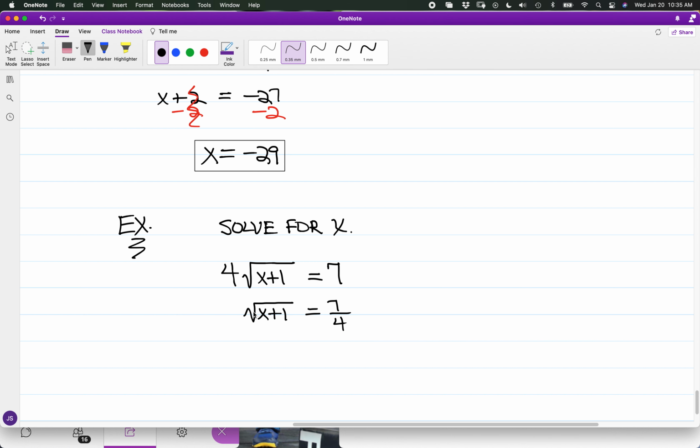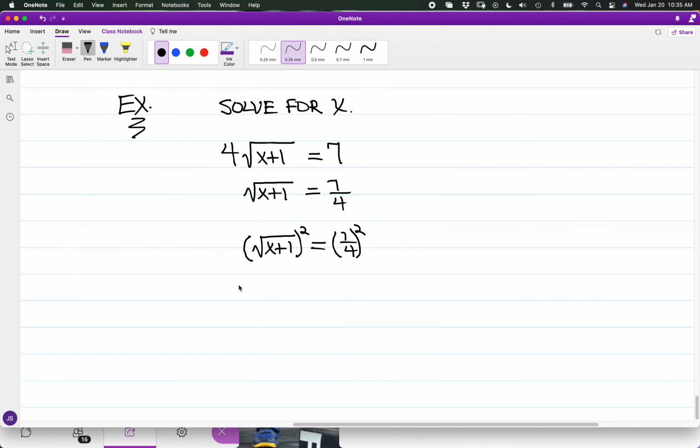If I square both sides so as to undo the radical, I have x plus 1 is equal to 7/4 squared. The square of the ratio, 7/4 times itself, is going to be 49 over 16.